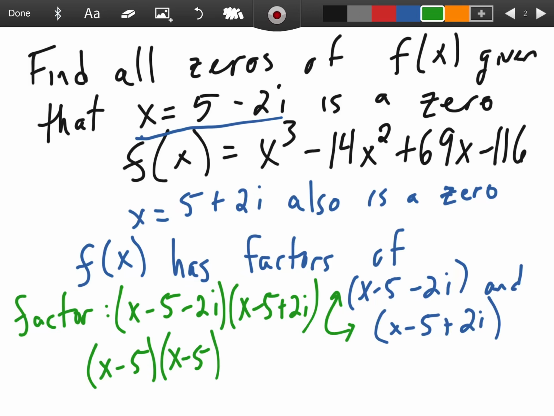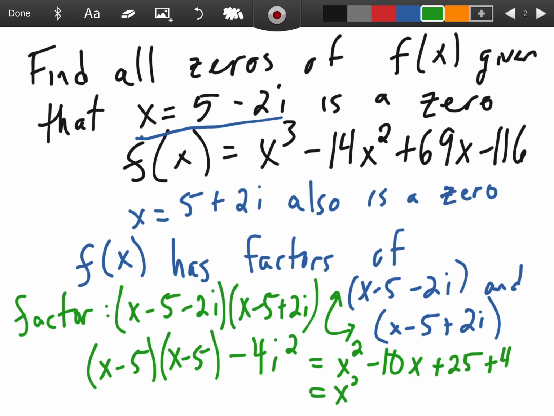And then multiplying negative 2i times positive 2i, which is a negative 4i squared, and adding that on after. Which, of course, is equal to x squared minus 5x minus 5x, which gives us minus 10x plus 25 plus 4, which is x squared minus 10x plus 29.